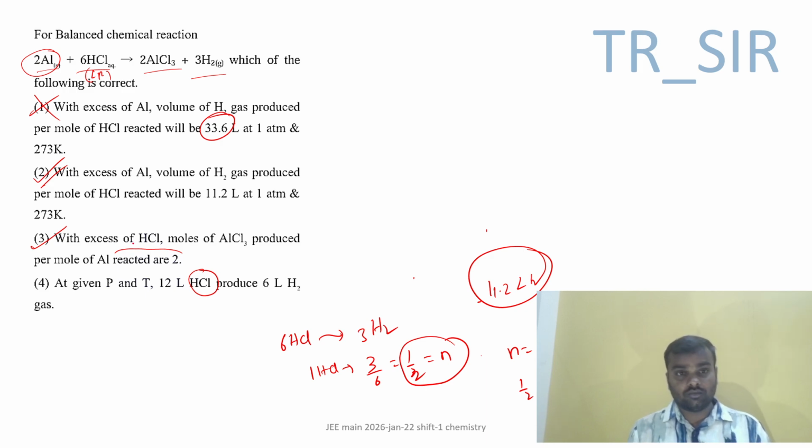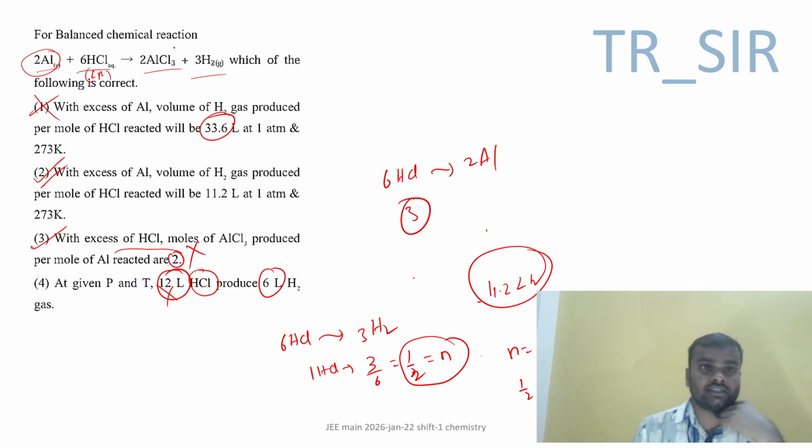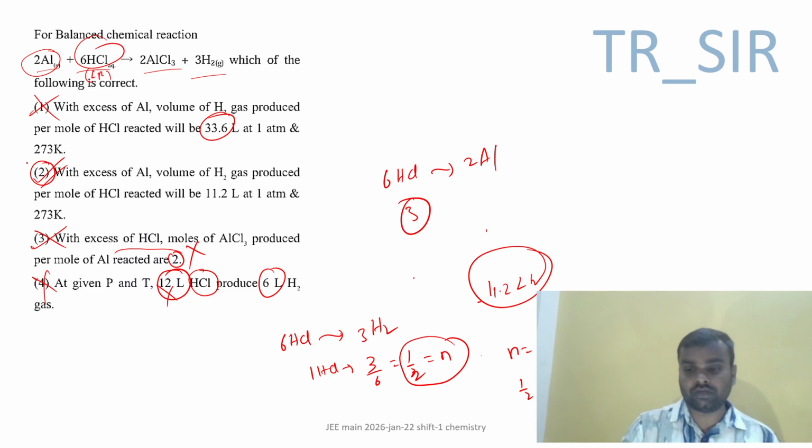With excess of HCl, moles of AlCl3 produced per mole of Al reacted is not 2. If I take 6 moles of HCl and 2 moles of aluminum, 3 moles has to come. They gave 2 moles, that is the wrong answer. HCl producing 6 liter of H2 is wrong only, since we have taken aqueous condition. So option 4 is wrong, option 3 is wrong, option 1 is wrong. Option 2 alone is right, 11.2.